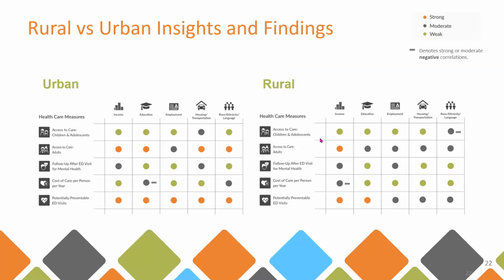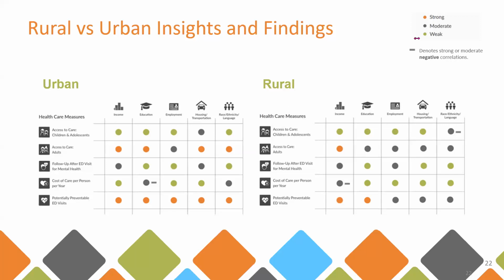Now, in general, probably the biggest finding that you want to take away from this analysis is that in rural census tracts, the relationships between social determinants of health and healthcare measures were less strong than they were in urban census tracts and in overall census tracts.